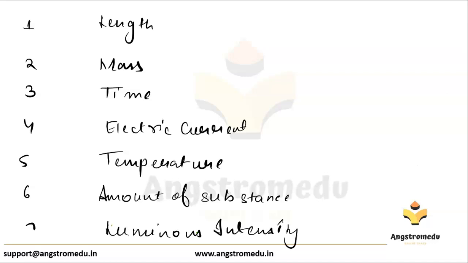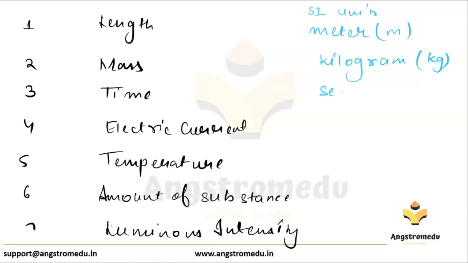Now, if we talk about the SI units, the SI unit of length is meter, represented by m. Mass is kilogram, represented by kg. Then we have time, it is second, represented by small s.